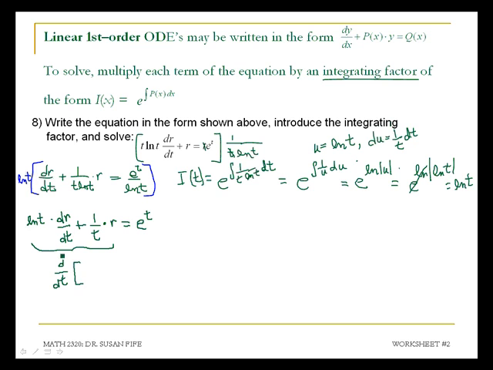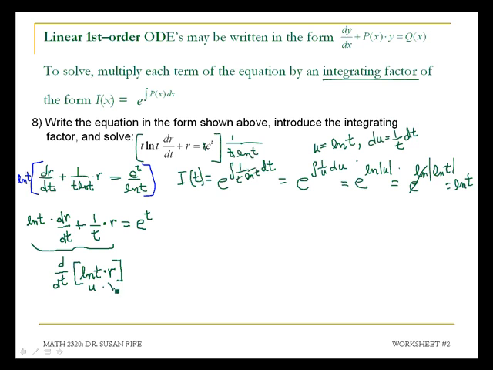If you take this first term, natural log of t, and then your dependent variable, in this case r, the left side of the equation should be the derivative of natural log of t times r.